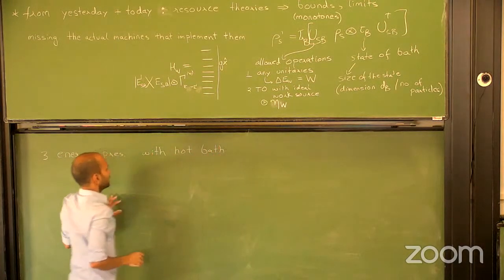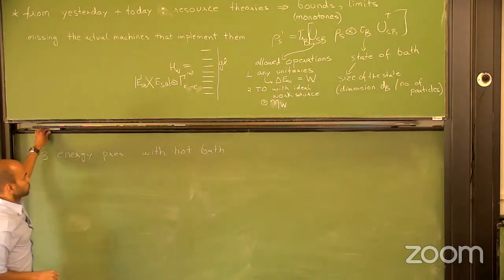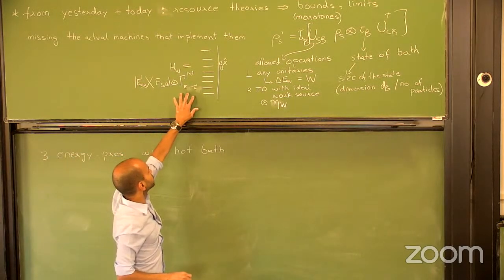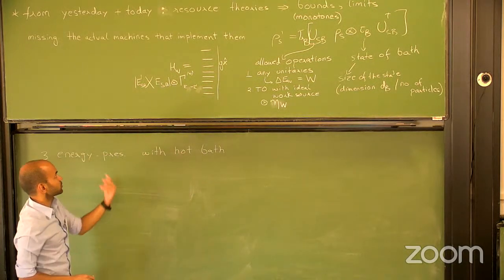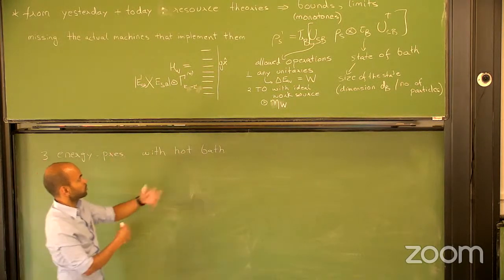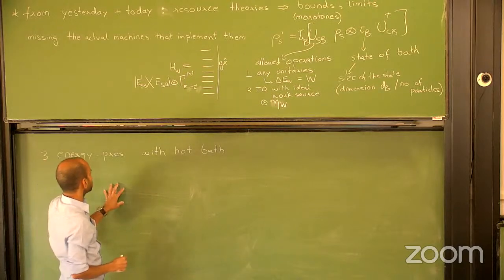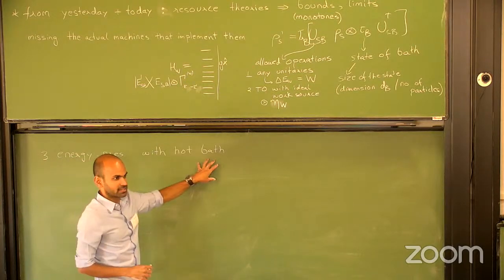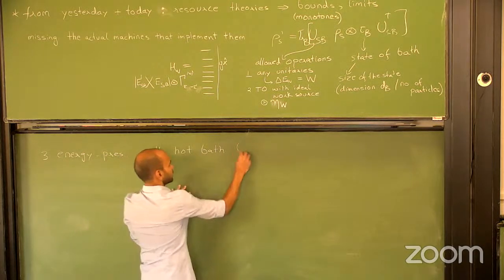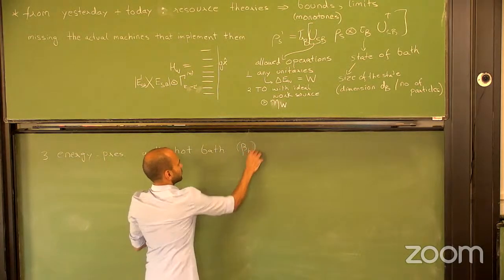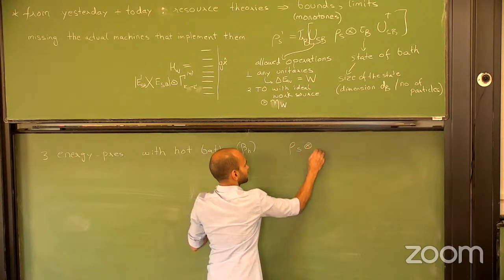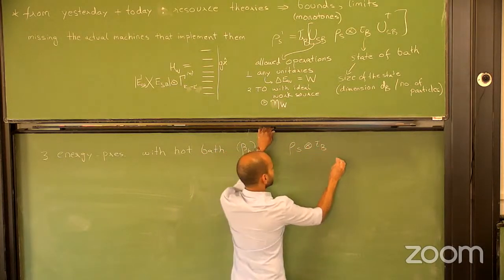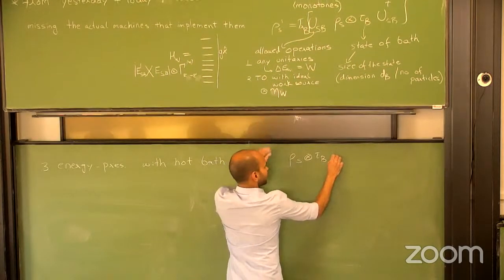Now instead of the source of work being this ideal doubly infinite ladder, which allows us to couple to any two energies with zero entropy cost, I have a second bath at a second temperature, beta hot. The assumption is that I can take rho system, any thermal state of the bath, and any thermal state of the hot bath.